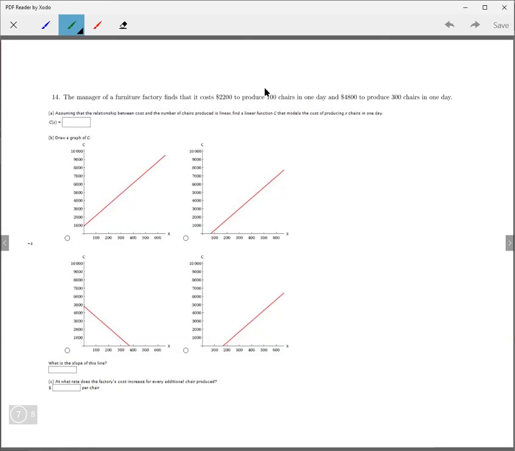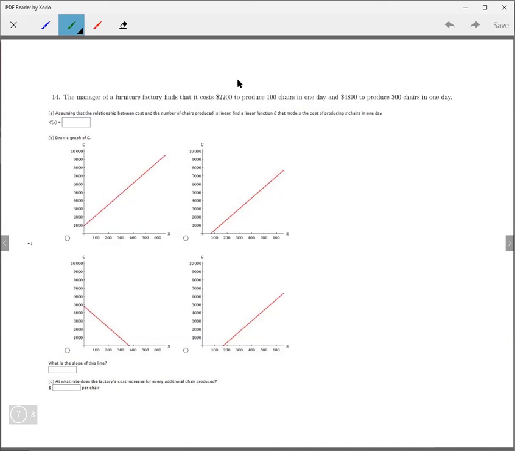That also makes sense because you decide how many chairs you're going to produce, and then the cost comes after. It's not like we decide how much money we're going to spend and then see how many chairs we produce. I guess you could think of it that way, but generally you'd say, how many chairs are we going to produce? Produce those chairs and then see what the cost is.